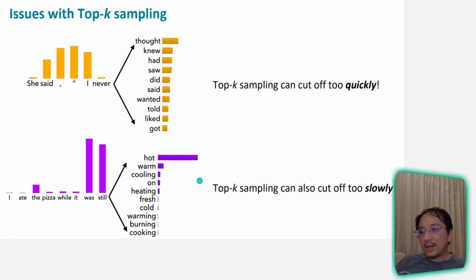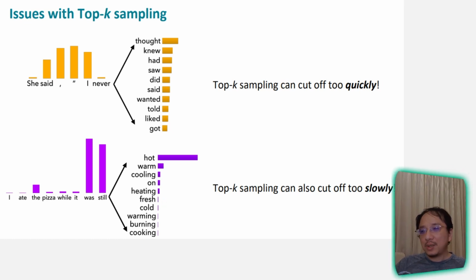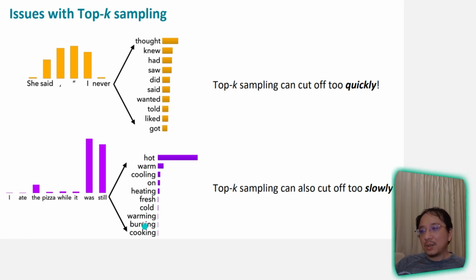If we cut it too late, although we included some unwanted words, since all of them have a small probability and we don't have a very long tail, they are very unlikely to be chosen.